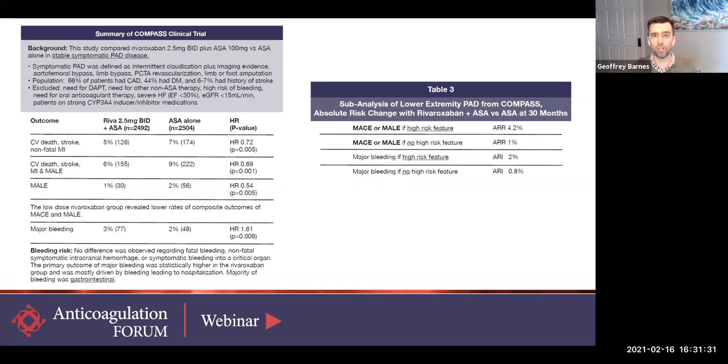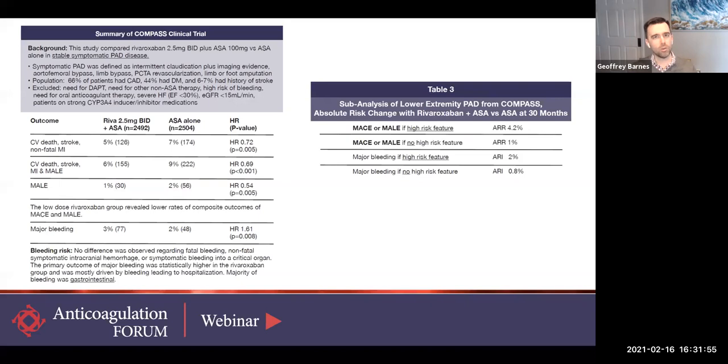The overall event rates, thankfully, are pretty low. We're looking at 2% or 1%. But shockingly here, we saw a 50% reduction in these events when people were treated with rivaroxaban plus aspirin. And as Henry talked about early on, it's probably because we're attacking this from two different mechanistic pathways. And so that's why we see a little bit of benefit there.